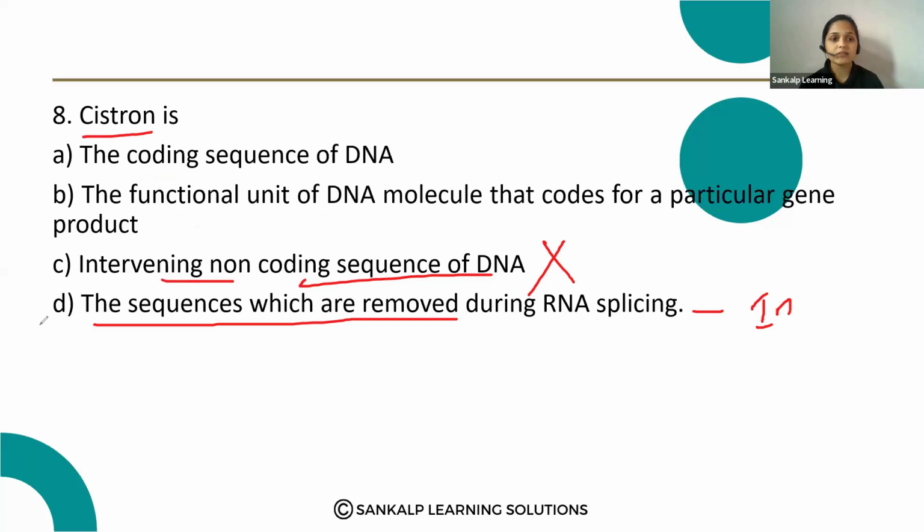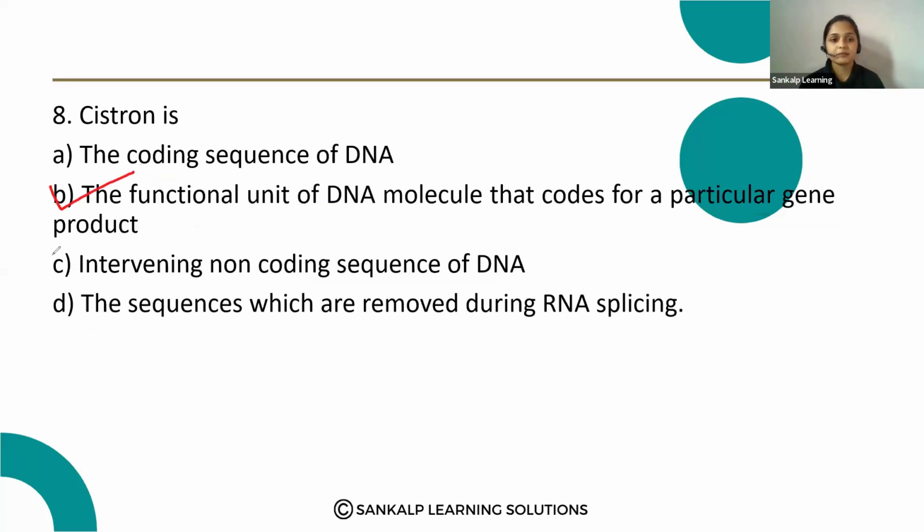Cistron is a coding sequence, the functional unit of the DNA molecule that codes for the particular gene product. The correct option is option B.